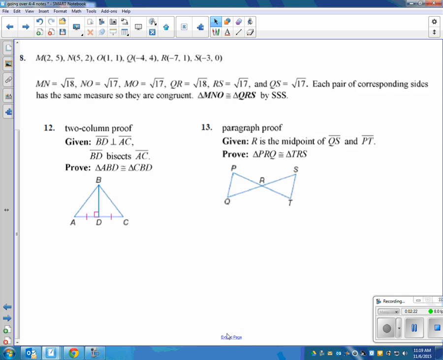So they gave us 2 lines are perpendicular, and they gave us BD bisects AC. Okay, so let's check this. Hey, I did the wrong thing. So he said BD is going to be, right? Where did this come from?